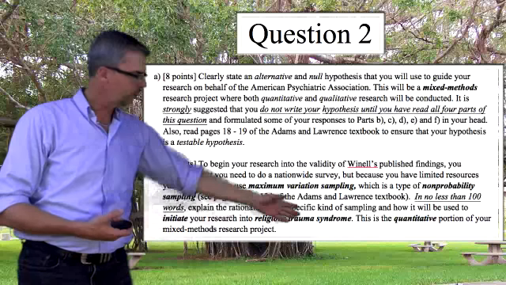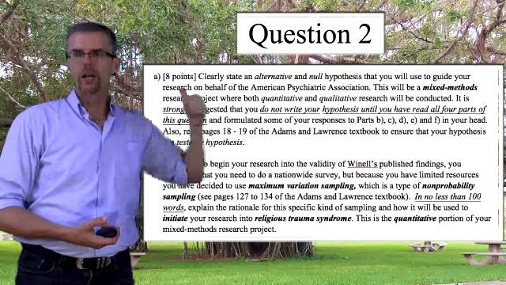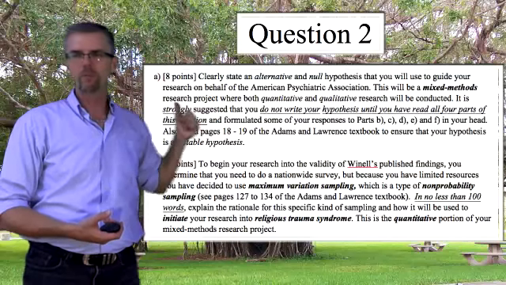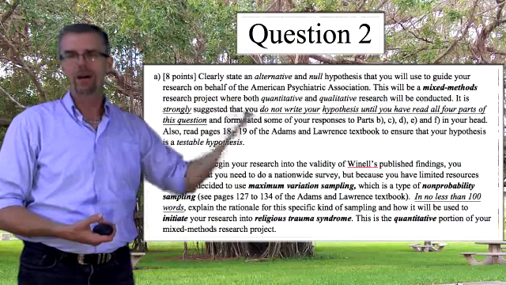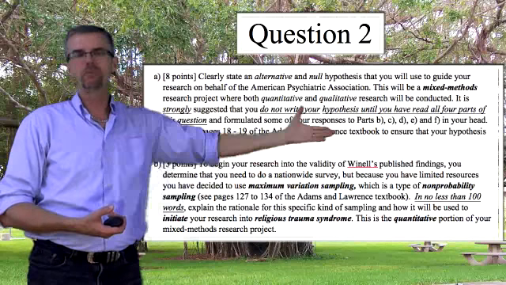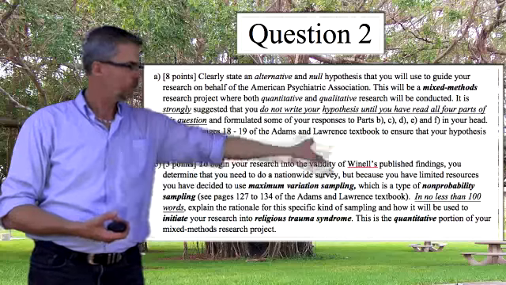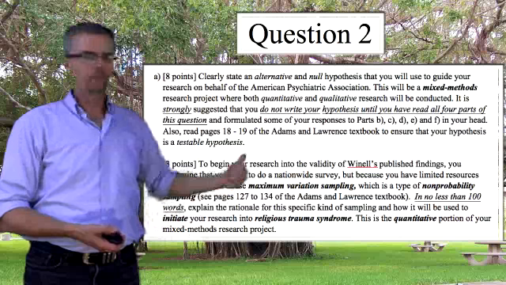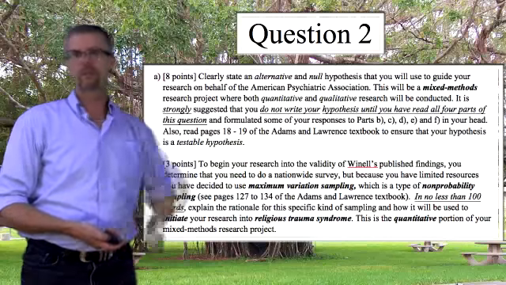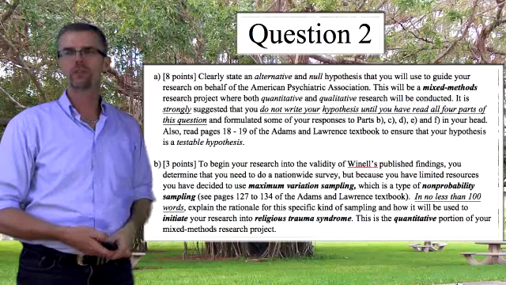So this is a quantitative portion of your research. I am telling you that you have decided to use maximum variation sampling. Why? It's a type of non-probability sampling. Make sure you incorporate that word into your answer as well. Everything you need to know is on pages 127 to 134.